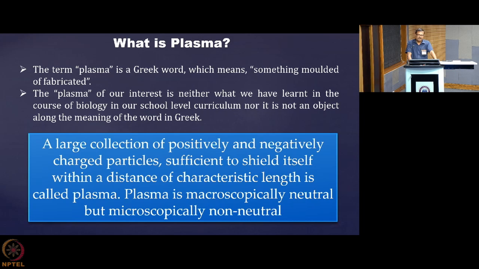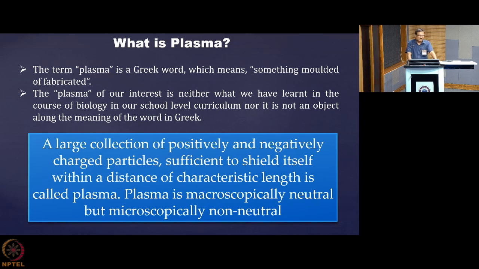We can briefly define it like this: plasma is a large collection of positively and negatively charged particles, sufficient to shield itself within a characteristic length of interest in the system, and that we call a plasma.